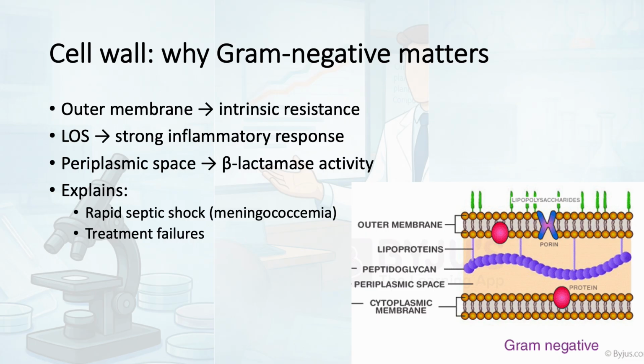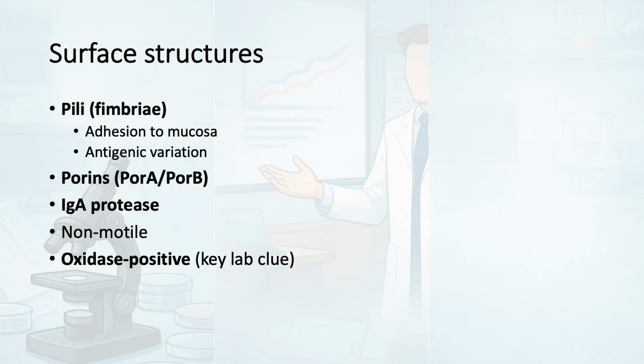Among gram-negative cocci, we have two main species from one single genus. Neisseria gonorrhea, also called gonococcus, is causing the infection called gonorrhea, and Neisseria meningitidis, also called meningococcus, is causing, what does it cause? Meningitis, bacterial meningitis, exactly.